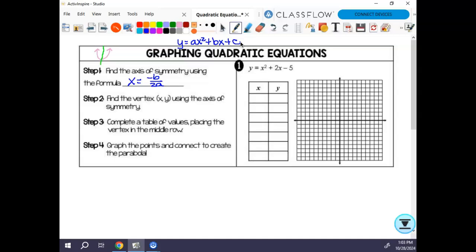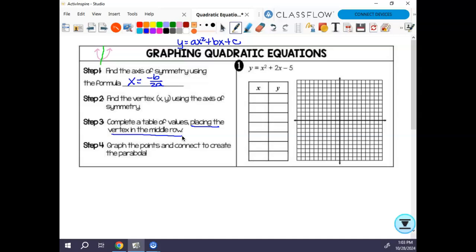But if you just randomly pick x's and y's, then there's no telling what part of that you're going to get. You might only get this part of it over here, and that doesn't tell you anything, right? So to do that, we find the vertex using the axis of symmetry, complete the table of values, placing the vertex in the middle row, and then graph the points and connect to create a parabola.